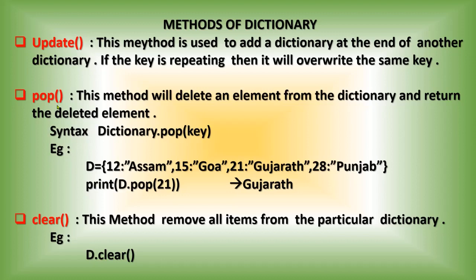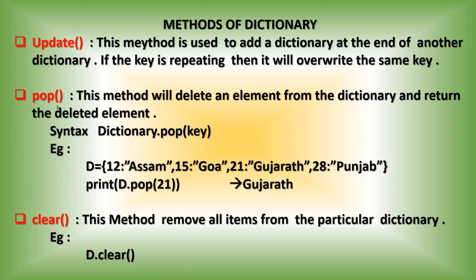Here, in a dictionary, pop is also used to delete an element, but we have to specify the key. For that particular key, the entire element will be removed, not only the value but both key and value.